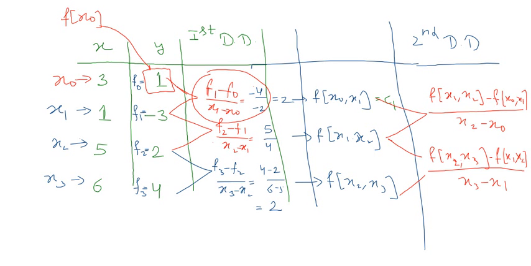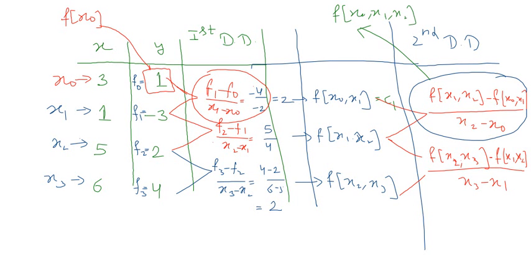If you recall, this is nothing but f of x0 comma x1 comma x2, the second divided difference, and by the formula, this one is f of x1 comma x2 comma x3.